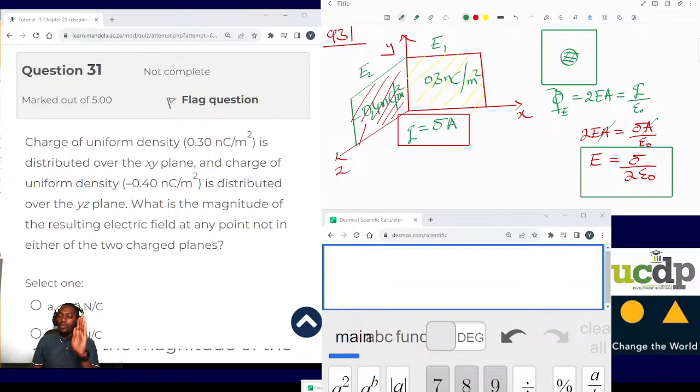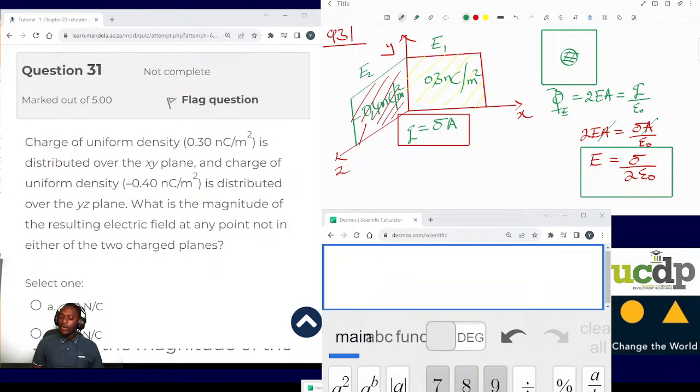So if you are going to consider these fields, they are perpendicular to each other, right? We've got one emanating from this side and the other one emanating from this side, right? So which means somewhere in the space there, that's where we have the contribution of the two electric fields.